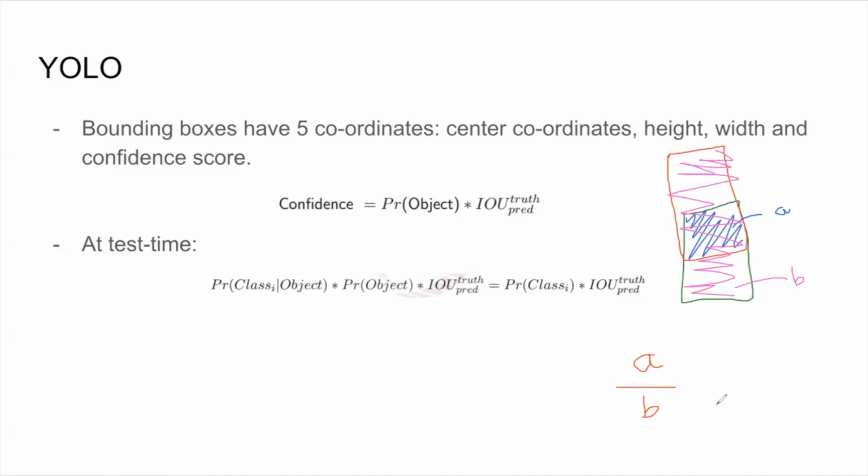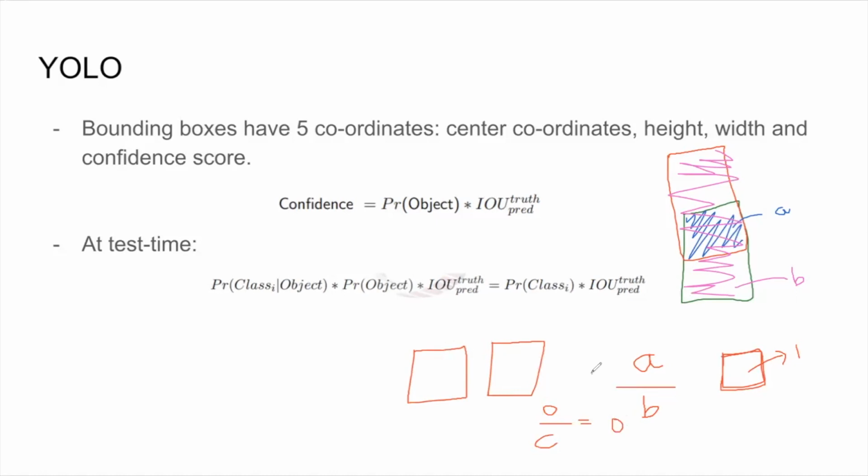So let's say two boxes are exactly similar. Since they are identical, the IOU would be 1. And if two boxes are completely different, so there is one box and there is another box, the intersection is 0 and the union is some value, and it will result in 0.